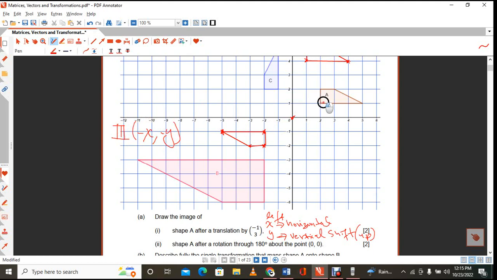So whatever this coordinate is, let's say for example it is 2, 1, its rotation about the origin 180 degrees is going to be the same point but just with negative values. So this is going to be -2, -1. That is the nice thing about rotation of 180 degrees about the origin.